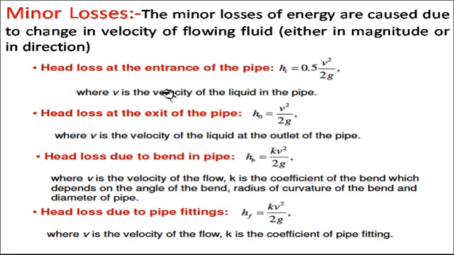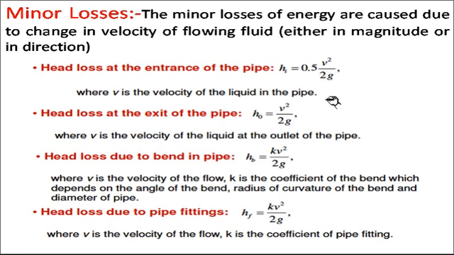The first minor loss is head loss at the entrance of the pipe. When the fluid enters the pipe, at the entrance the minor loss takes place. That loss is given by 0.5 V square upon 2g, where V is the velocity of the liquid in the pipe.